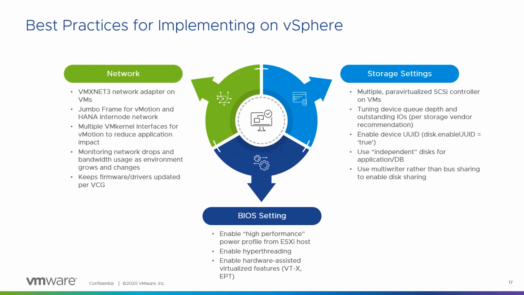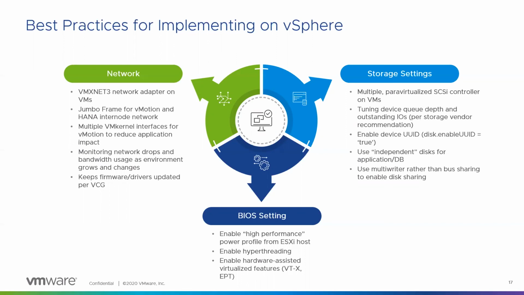In terms of networking and storage settings, I think here I mixed both the VM layer and the vSphere layer together. On the network side, you want to make sure you always use the VMXNET3 network adapter, because that's the adapter designed to provide high performance and is also feature rich.